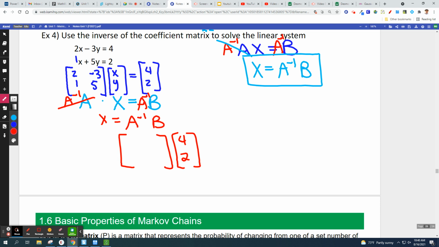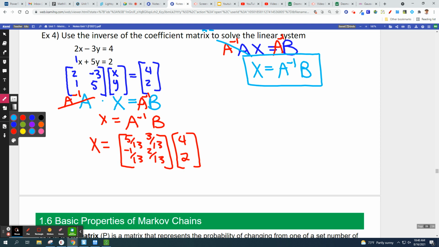So it was 5/13, 3/13, negative 1/13, 2/13. X is going to equal, capital X means a matrix, the matrix of variables, X and Y, equals this multiplication problem.